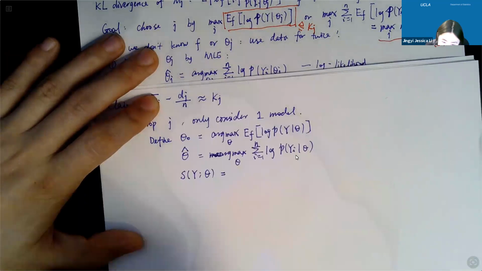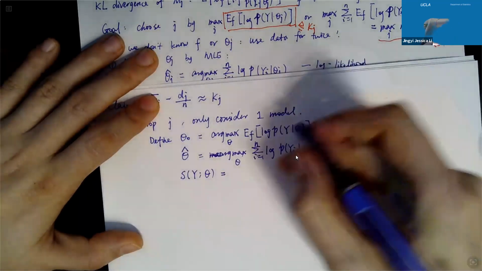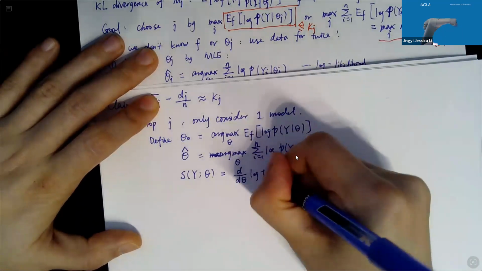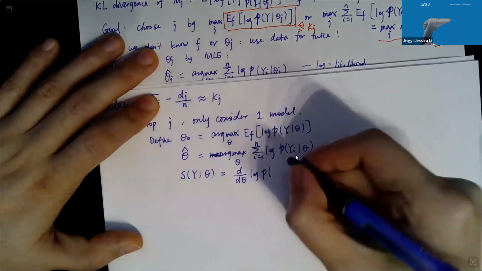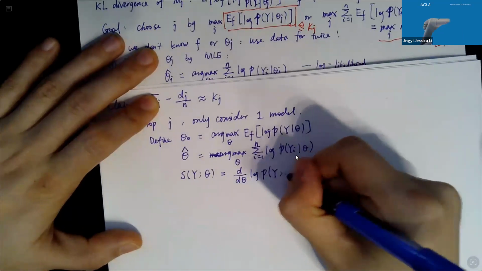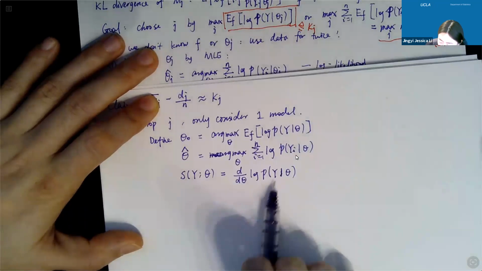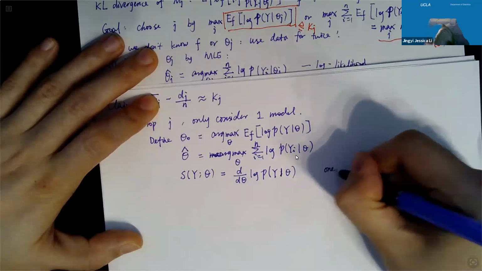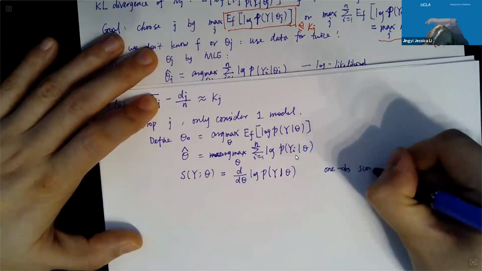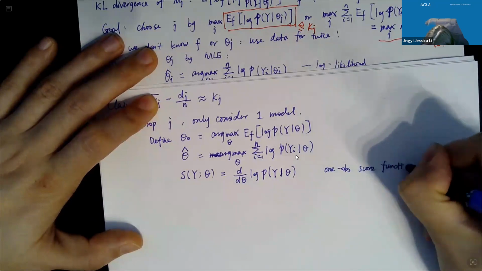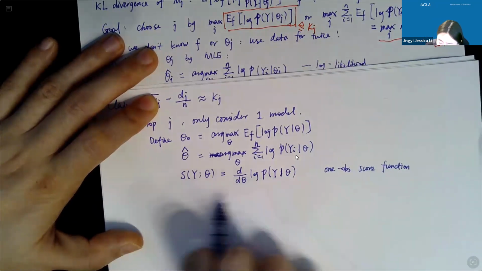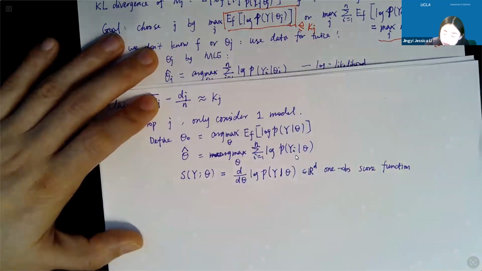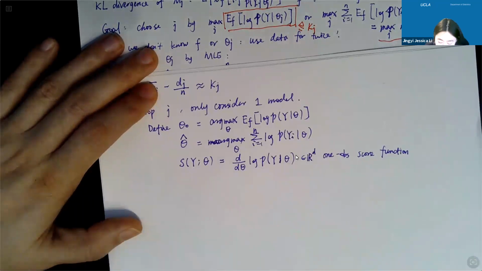We define that as the derivative with respect to theta of log p_y(theta). It's the one observation score function. And don't forget that the dimension of the score function is d, which is the number of model parameters, and we dropped j. So there's no dj, but just d.